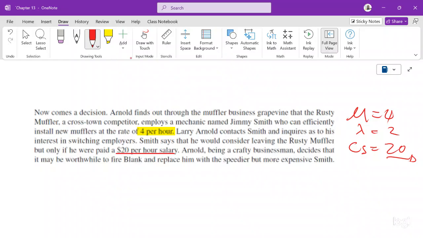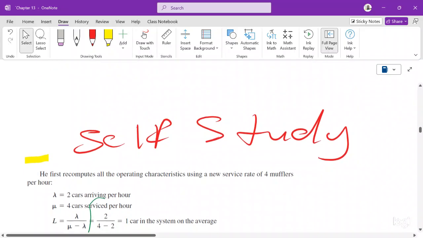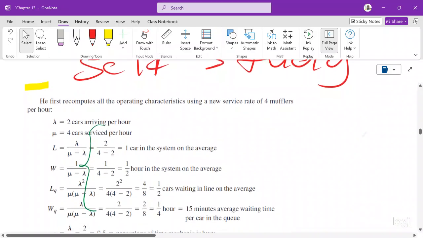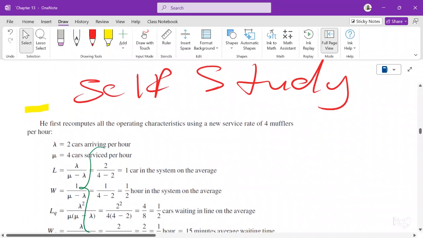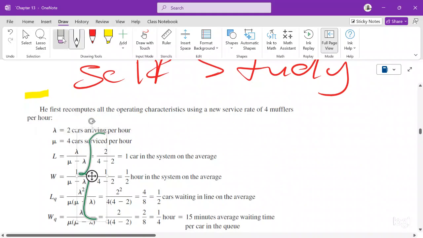Okay? Then now Arnold, being a crafty businessman, decides that it may be worth a while to fire the current mechanic and replace him with the speedier but more expensive Smith. So now we want to do the cost, but we have to start afresh with everything. As you can see here, the book suggested that they do these calculations again.